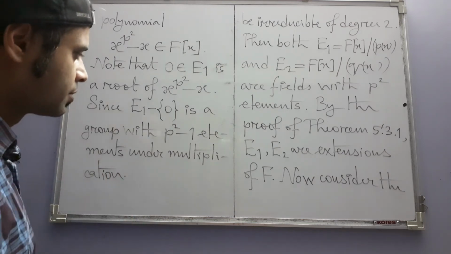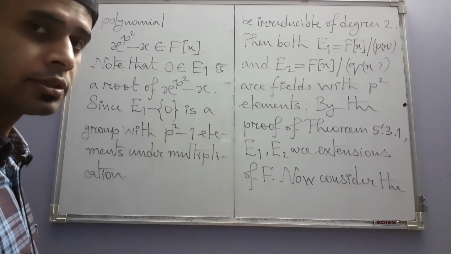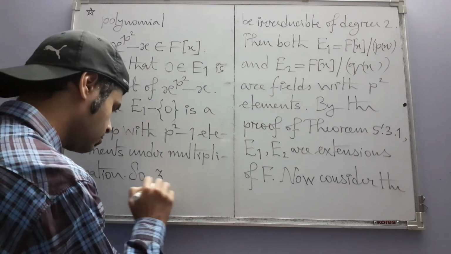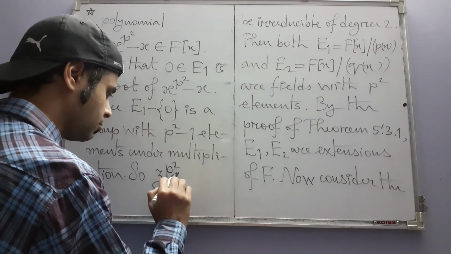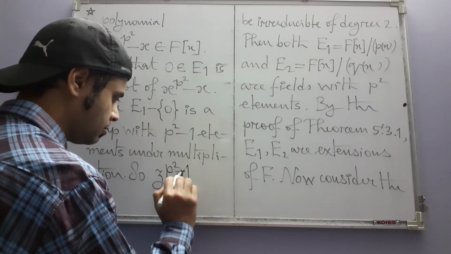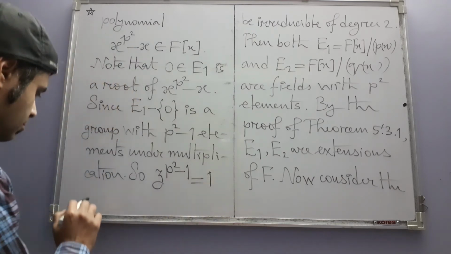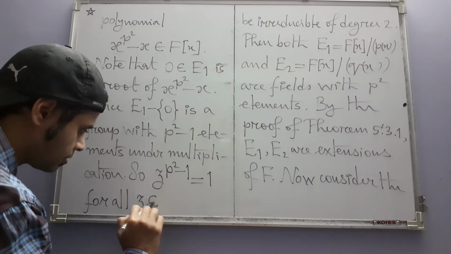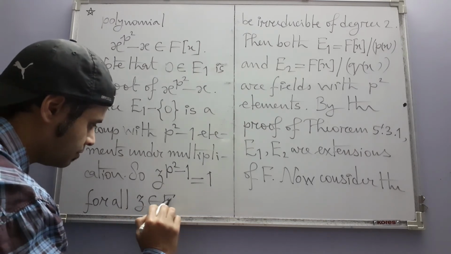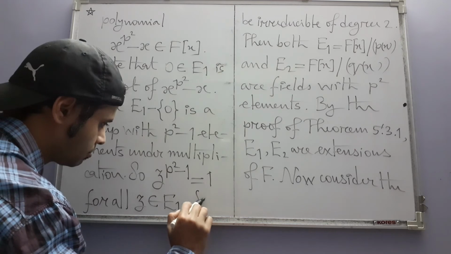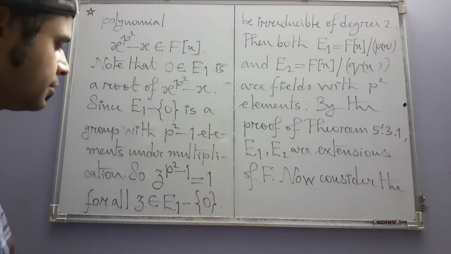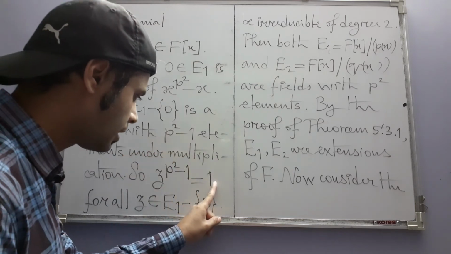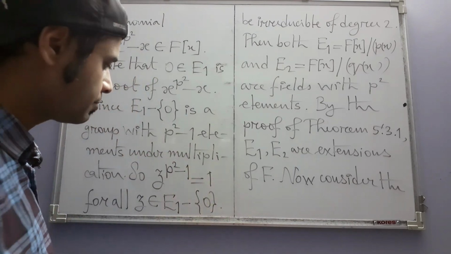So by one of the corollaries to Lagrange's theorem from group theory, we have this: for all elements of this multiplicative group. Why? That's because this is an element, this is the order of the group, and this is the identity element of the group.